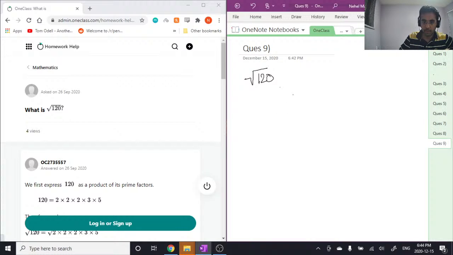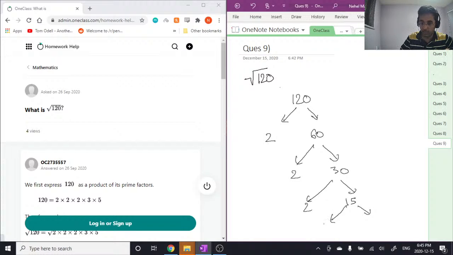So the prime factors of 120 would be, so if I take out 2, I'm left with 60. Then if I take out 2 again, I'm left with 30. If I take out 2 again, I'm left with 15. Then 2 is no longer a factor of 15, so I'll try 3, and then I'm left with 5.